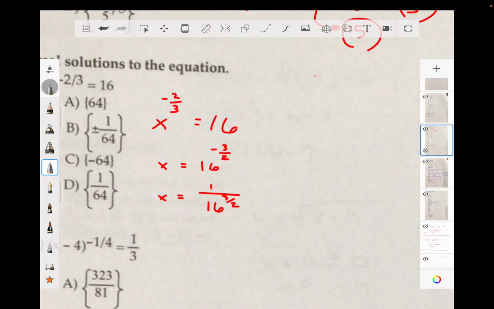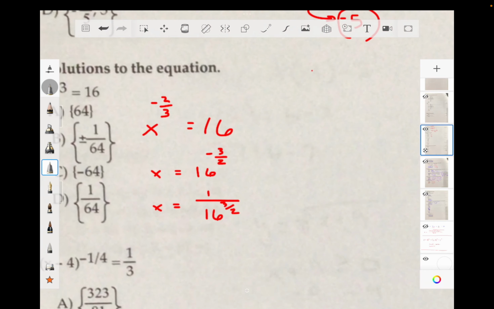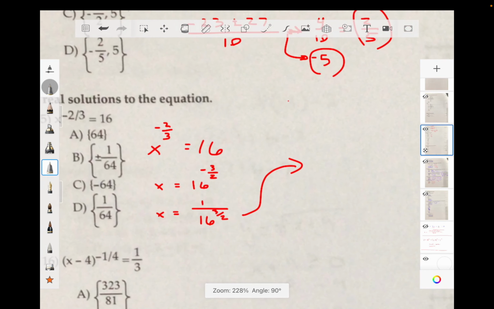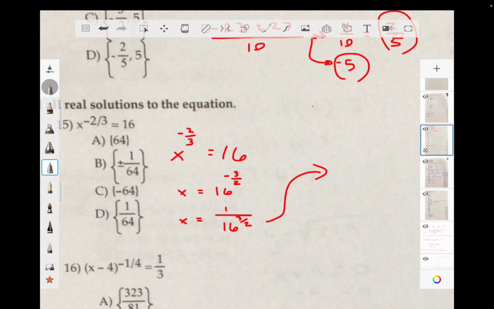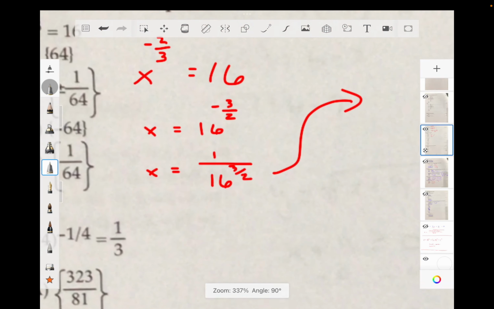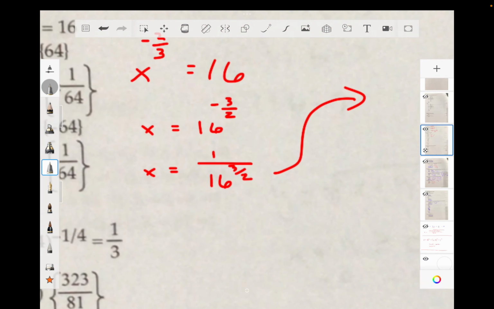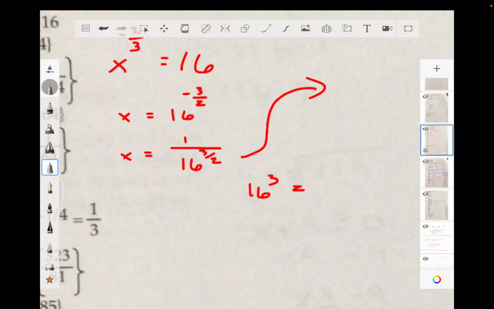All right. Now from here, you could probably just plug it in your calculator, see what you get. But if you want to do it by hand, if you have a calculator, then you could do 16 cubed, whatever that number is, and then take the square root of it.